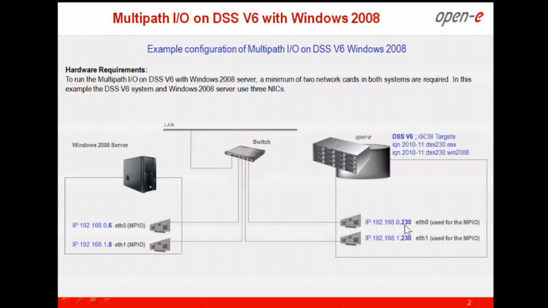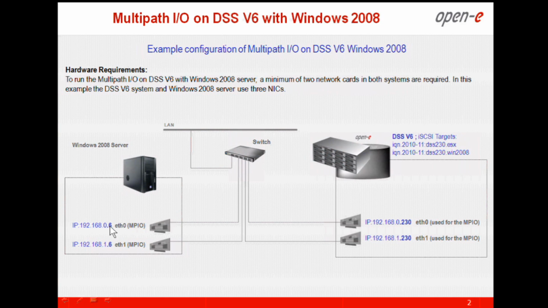In my DSS, I will use two network interface cards with the addresses 0.230 and 1.230. That's my DSS server. In the case of Windows, I will also have two cards only.